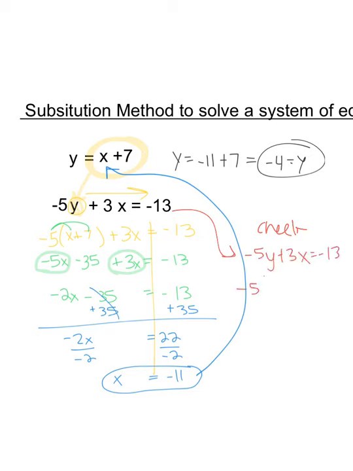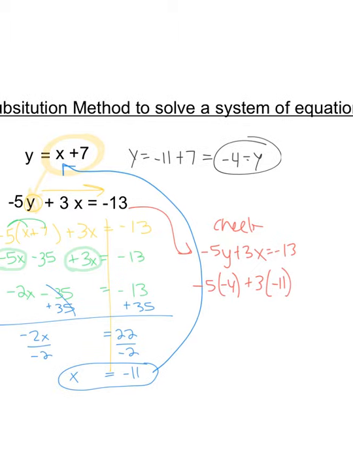And I'm going to plug in the y that we got of -4 and the x that we got of -11 and check, does that calculation equal -13? So -5 times -4 is +20, and 3 times -11 is -33. 20 minus 33 is -13, which checks out with the other side. So our answer was correct.